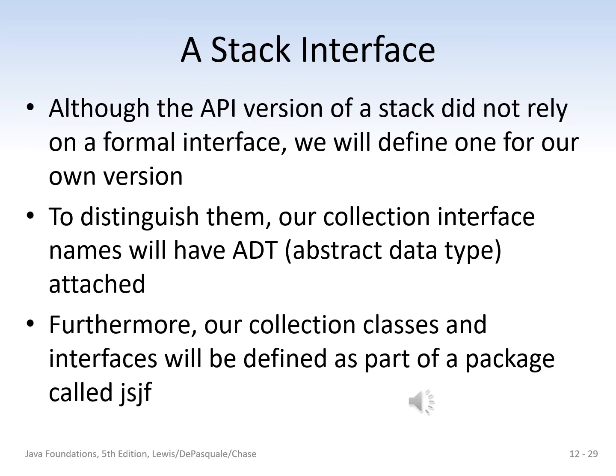So to distinguish an interface for a collection, we're going to use names that have ADT attached, ADT, abstract data type. And all of our collection classes and interfaces will be defined as part of a package called JSJF. Let's take a closer look.